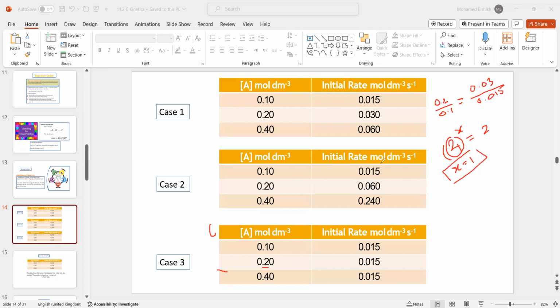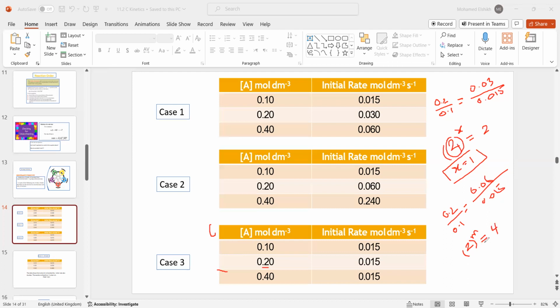Fine. Now, let's look at the second case. The second case is when we have 0.2 divided by 0.2 equals, this is 0.06, and 0.015. So this is 2 raised to the power, call it anything, let's call it M, equals 4.